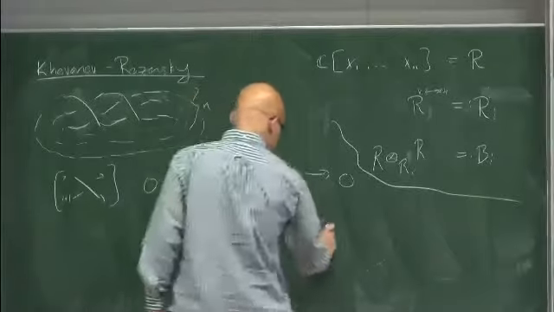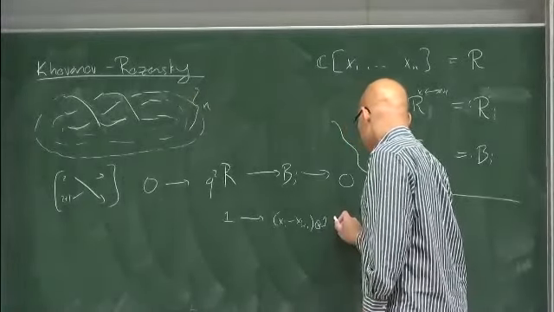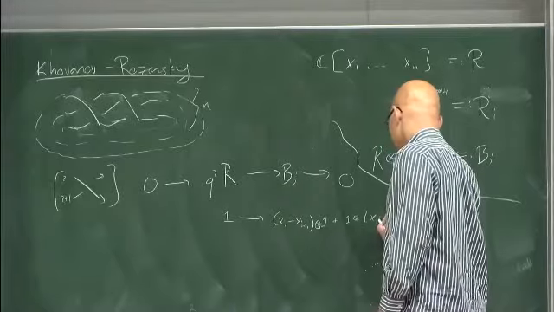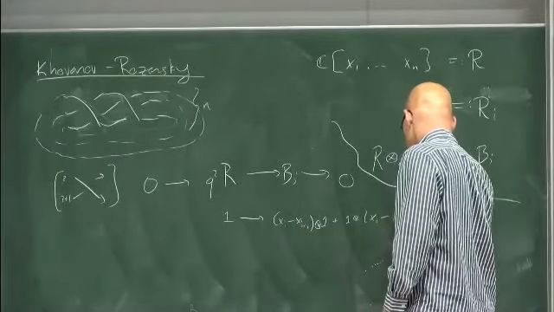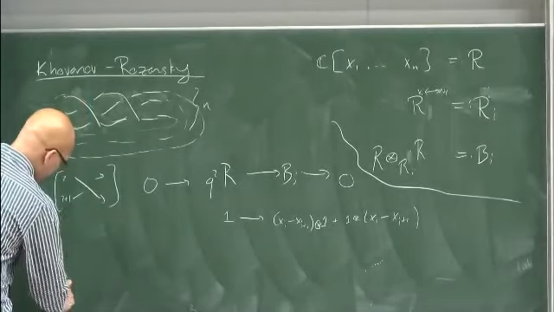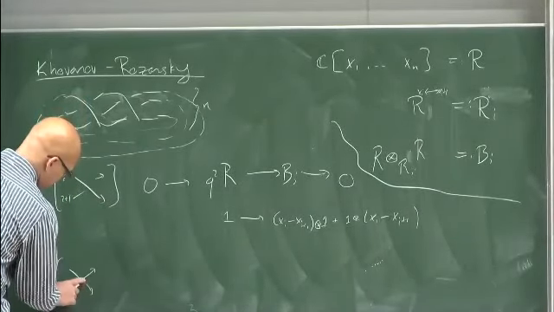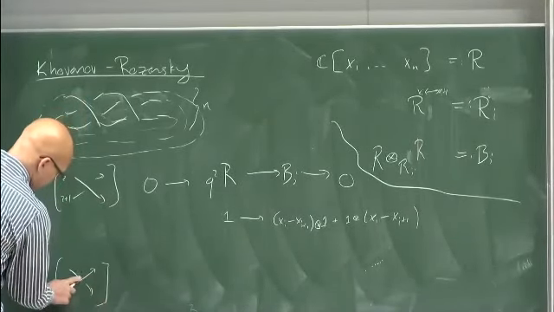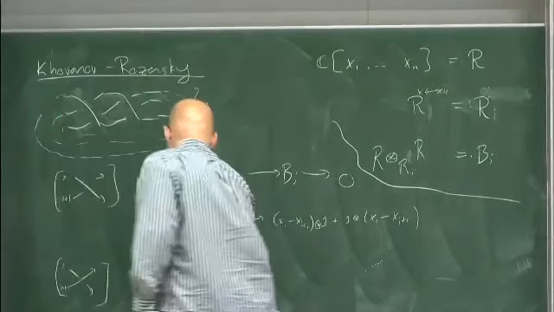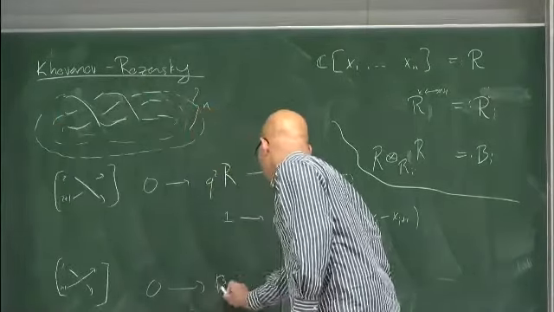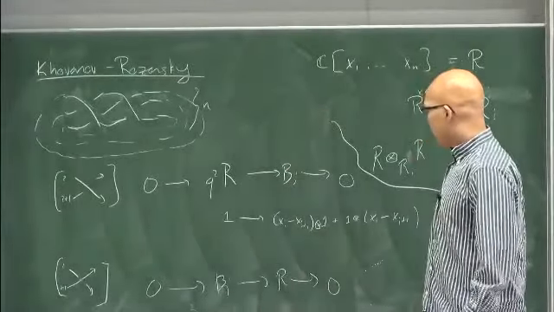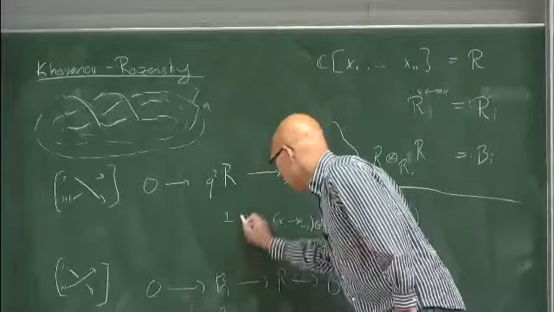I'm not going to use any of this later on. I'm just writing it so that you know it's explicit. Okay, and there's another one that corresponds to the other thing. And this one goes the other way. This one goes 0 to B_i to R to 0. And this map is just 1 goes to 1.